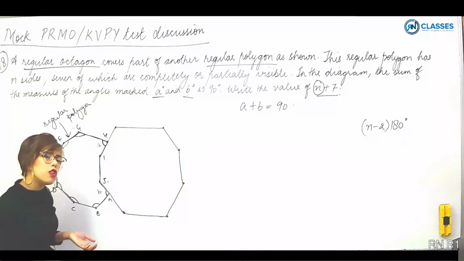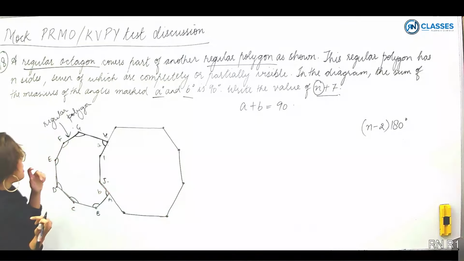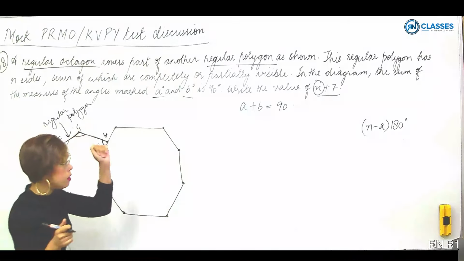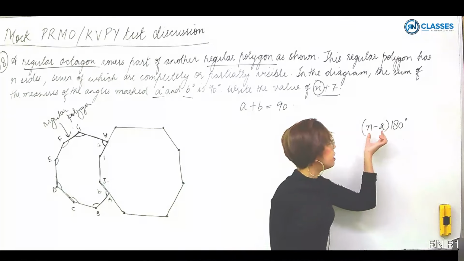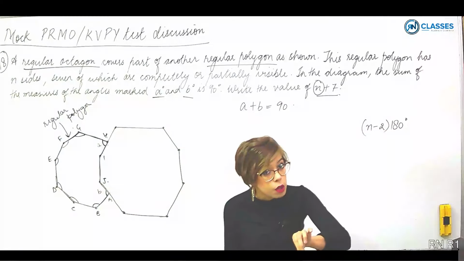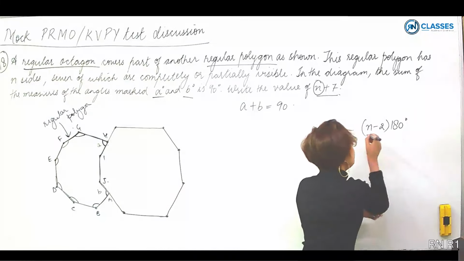How do we write the measure of the angle of the regular polygon? Now I know that if the number of sides is n, the total sum of angles would be (n minus 2) into 180 degrees. Now since all the angles are equal, if I want to get the measure of a single angle, I will divide it by n.